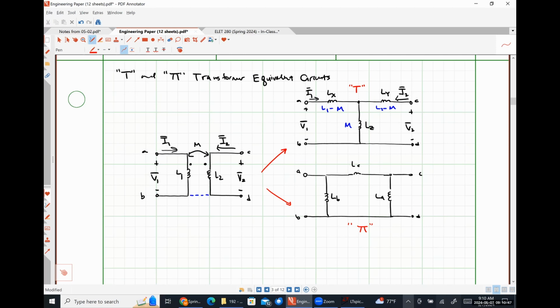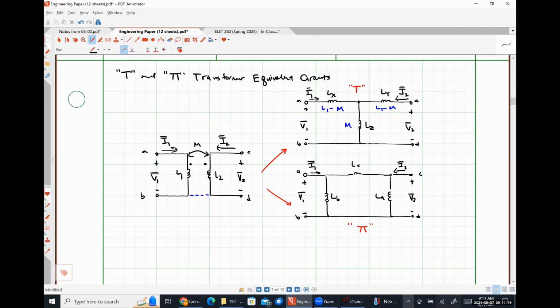This is exactly the same thing as the Y-delta transformation. Literally, exactly the same thing as what we just did. Here is our voltage V1, our voltage V2, the current I1, and our current I2.